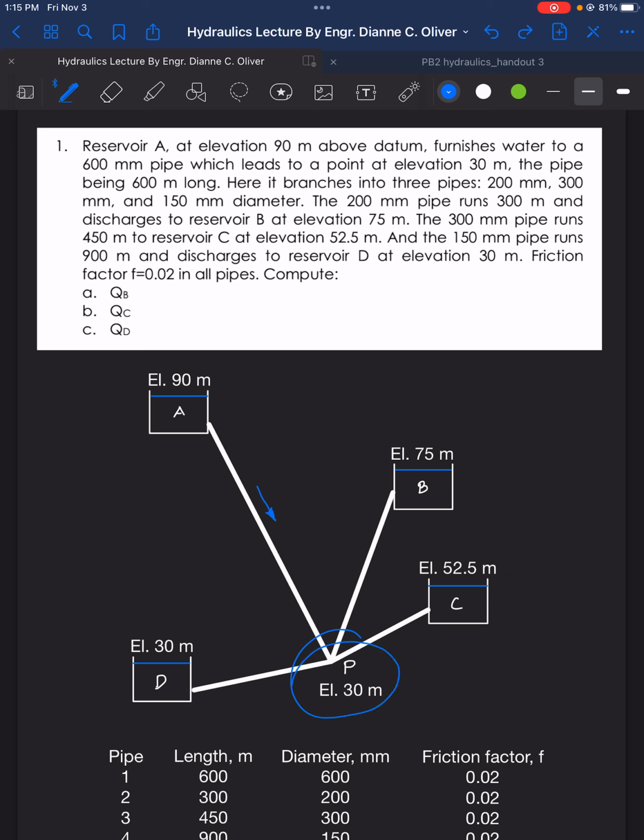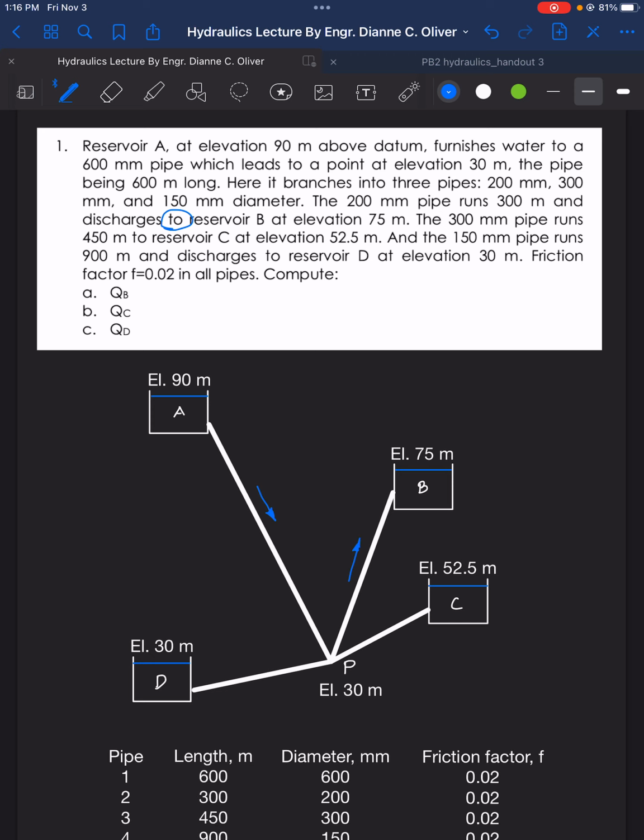Here, it says from this junction, it branches into 3 pipes: the 200, 300, and 150 mm diameter pipes. As for the 200 mm pipe, given the 300 meters, it discharges to reservoir B. From the word "to", we can say that the flow is from P to reservoir B, so the flow is upward like this.